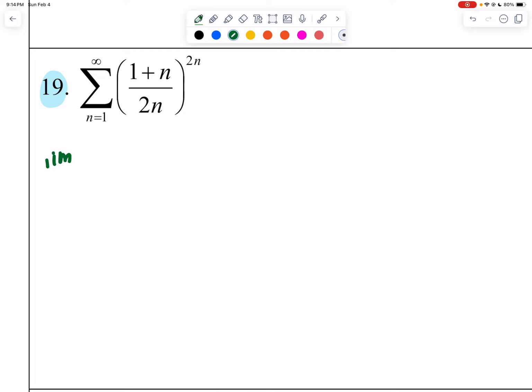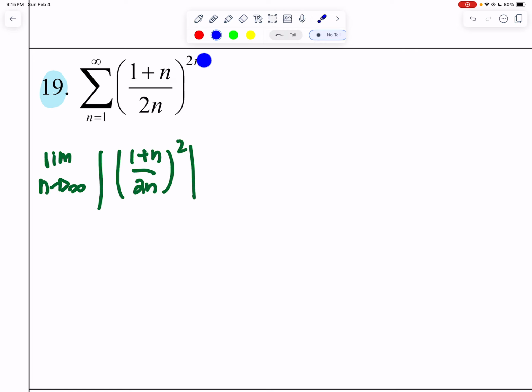So I have the limit as n approaches infinity of 1 plus n over 2n squared. The n over n will cancel out. All right, so if I take this limit as n approaches infinity, this is going to be 1/2.